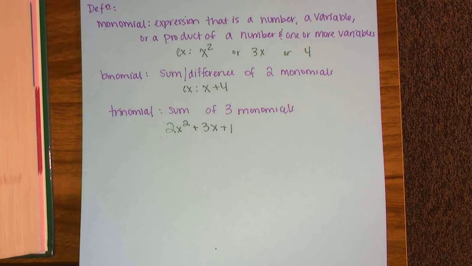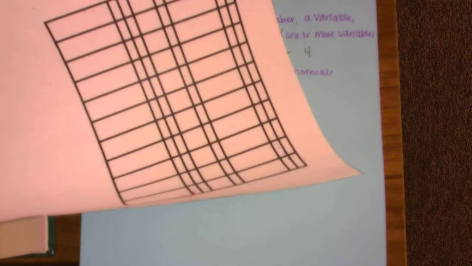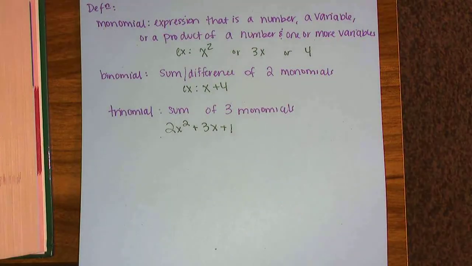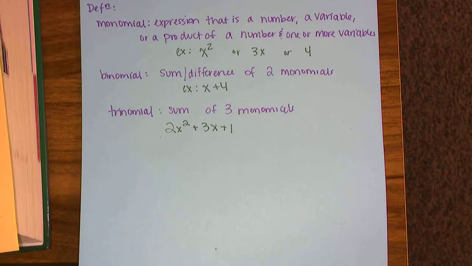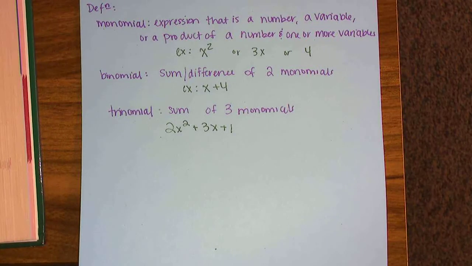I think that's a more difficult way to do it. That is not my first recommendation. I think it's easier to do a factor tree or something other than a table. So we'll look at a little bit of that and then some of the special products.